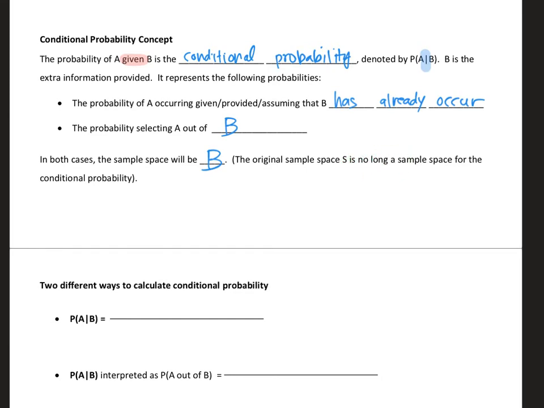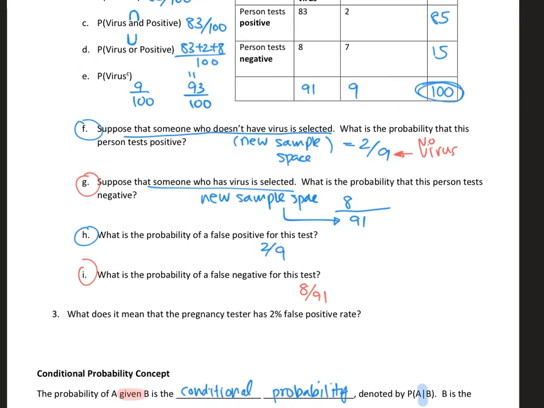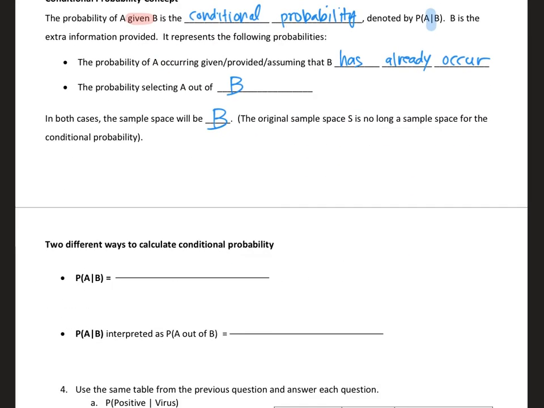That's why, if I go back to the previous questions, they didn't have 100 on the bottom, because 100 was the original sample space. Once they say just pick a person from here, or given this person has a virus, then your sample space changes.